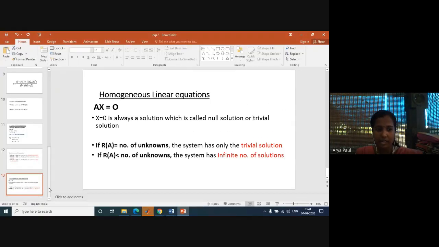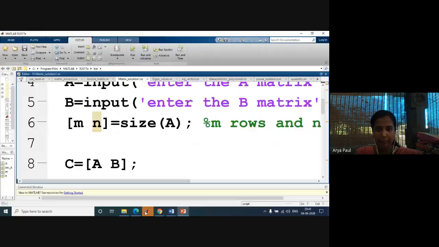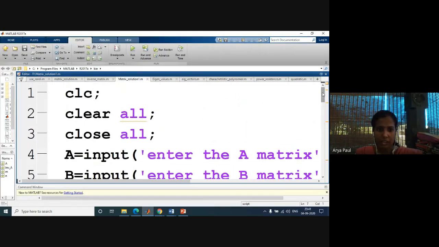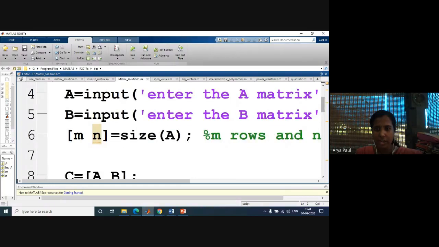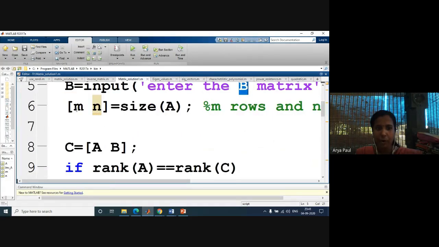Now we will understand the program. For this matrix solution, A is an input: enter the A matrix and the B matrix. First you enter the A matrix, second you enter the B matrix. Now you are finding the size, M rows and N columns, that is the size of the matrix.